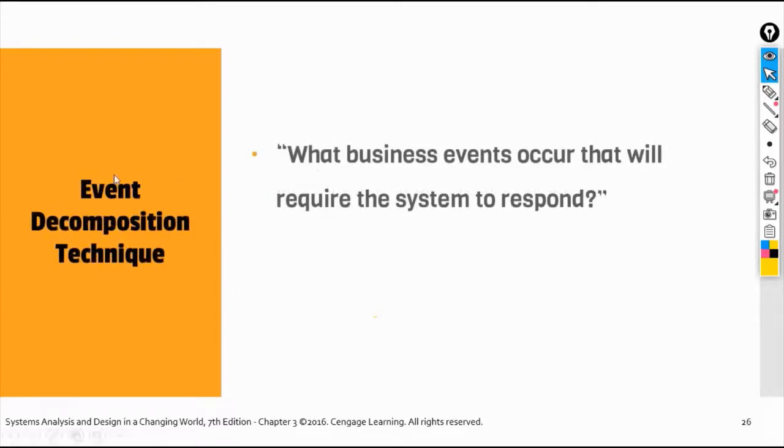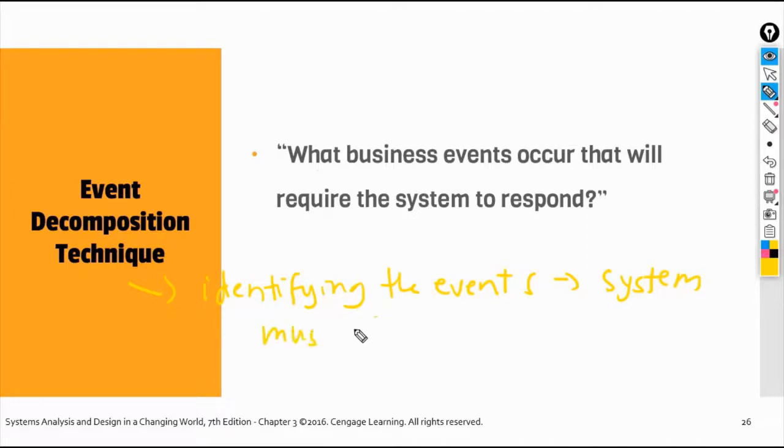The event decomposition technique focuses on identifying the events to which a system must respond, and then determining how a system must respond, for example, the system's use cases.